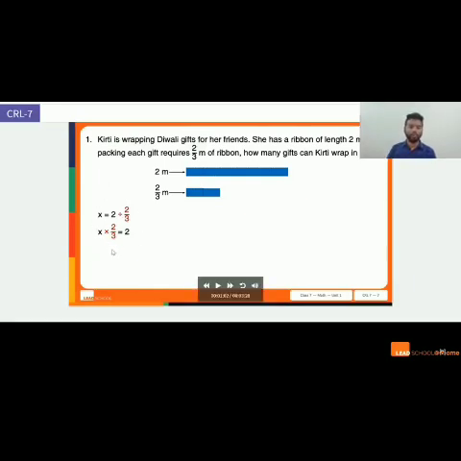What we're trying to show here is, if the number of pieces I can make is the total divided by the desired length, that means when I multiply the number of pieces with the length of each piece, I should get my total length back. Correct? That is exactly what they're showing here. This is my number of gifts, and this is the length of each piece. When I multiply these two, I'll get my total back.